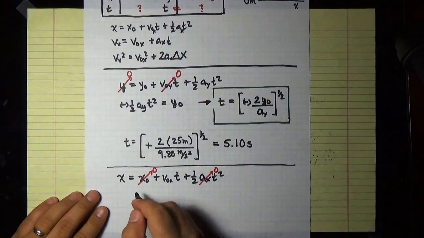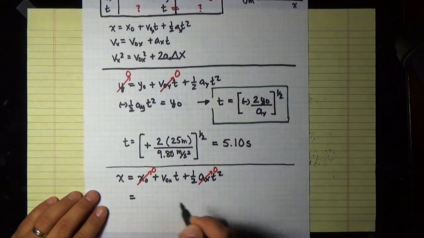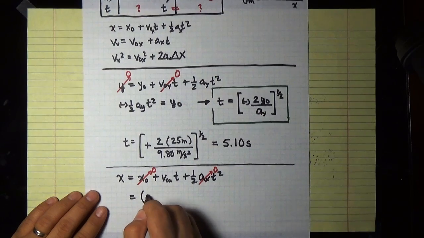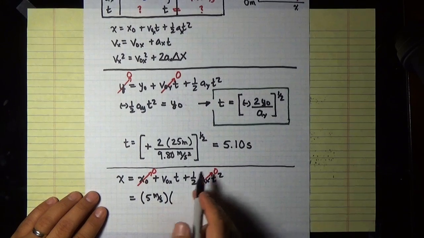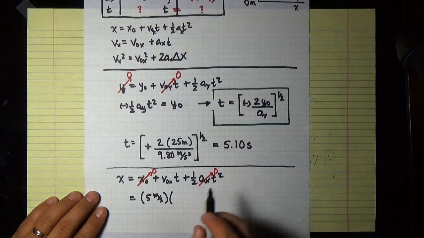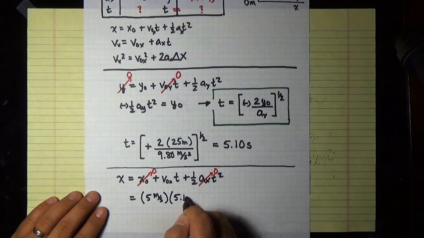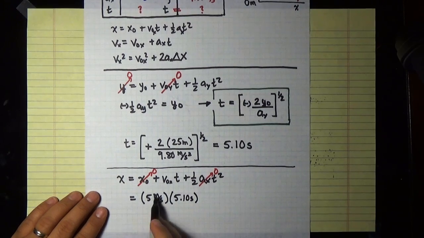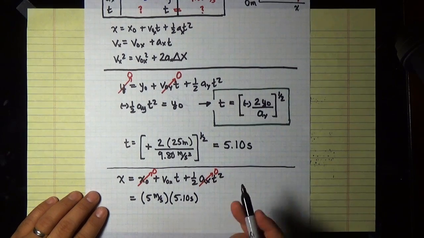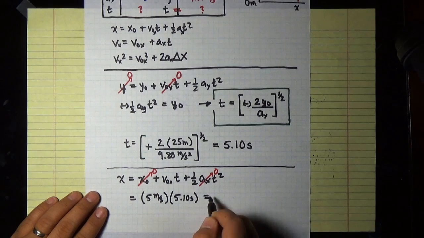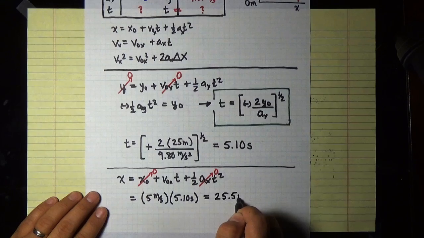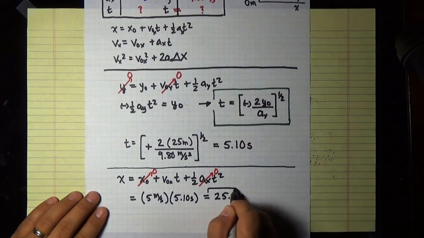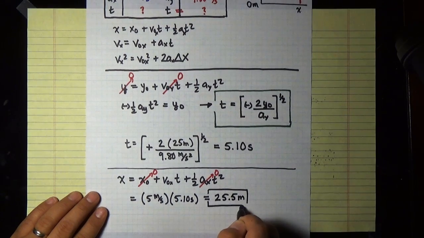And so if I do that, I find that x is equal to the x speed, which is 5 meters per second, times the time, which I found in the part up here to be 5.10 seconds. Meters per second times seconds is meters, which is a distance, so that's good. That's exactly what I expect. And we find that the creature lands 25.5 meters from the cliff face.